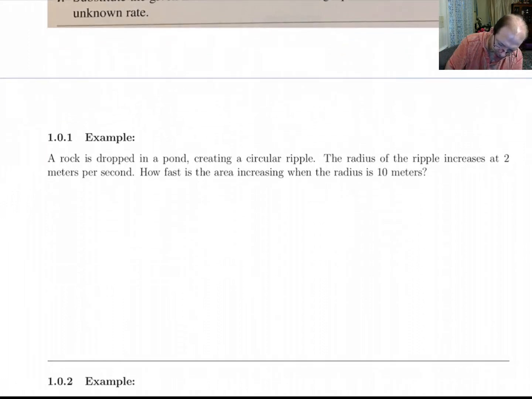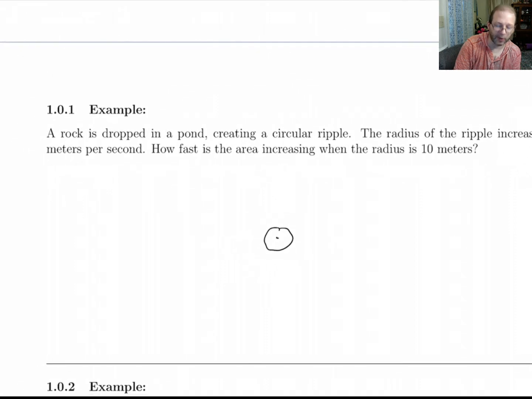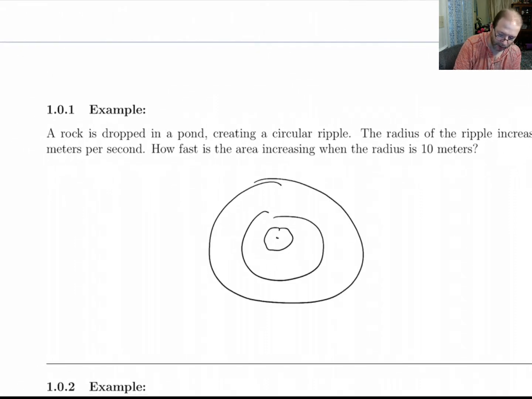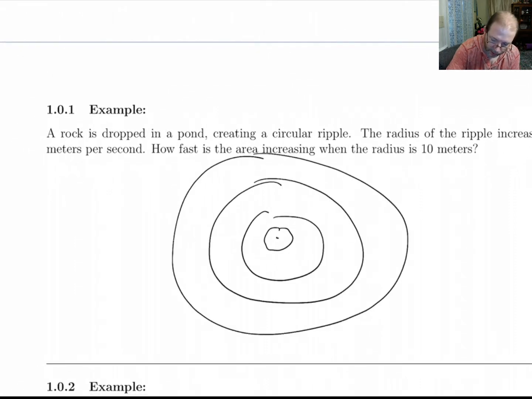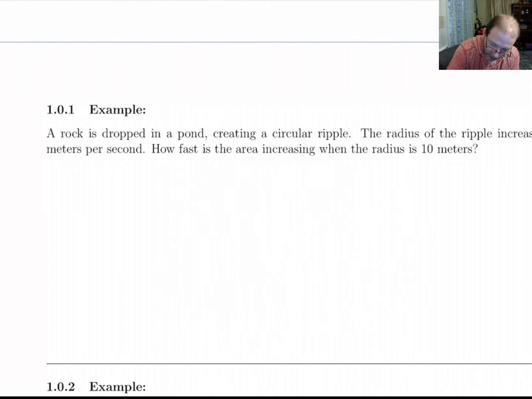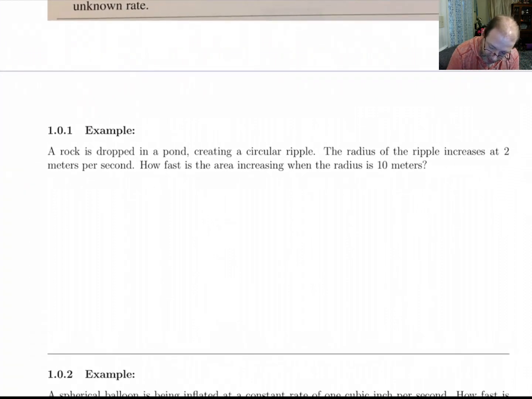A rock is dropped in a pond, creating a circular ripple. So you drop the rock and then the ripple gets bigger and bigger. The question says the radius of the ripple increases at 2 meters per second. How fast is the area of the circle increasing when the radius is 10?